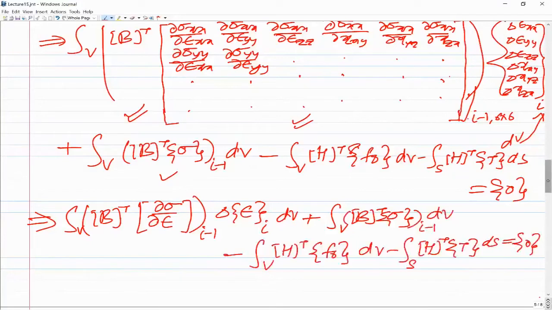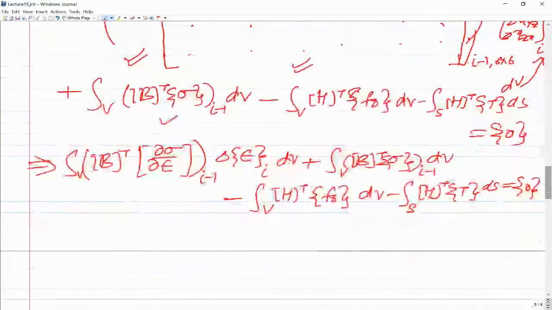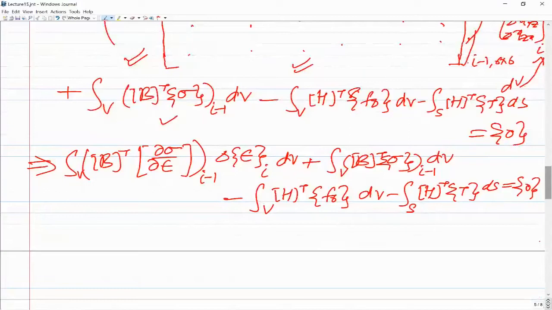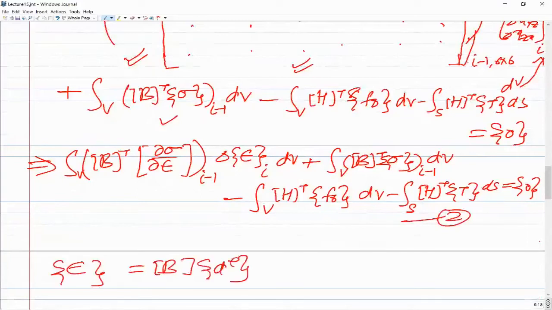Now, because our unknowns in the finite element approximation are the nodal degrees of freedom, ultimately for the element we need the vector of elemental degrees of freedom. Let us say this is equation 2, and we already know that epsilon is B into dE, the strain displacement matrix into the vector of elemental degrees of freedom.